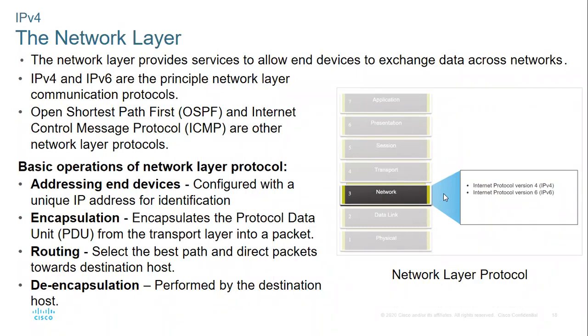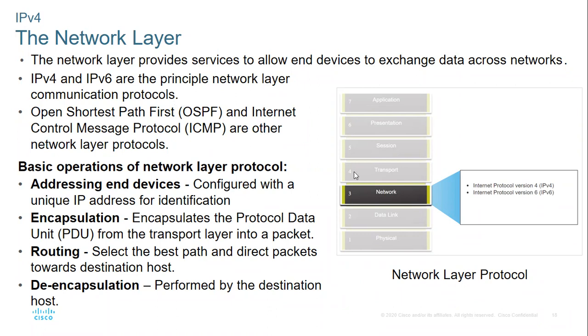Here, you can see we have IPv4 and IPv6. Mainly the function of the network layer is to allow devices to exchange information across the network or across the internet. That is the job of this network layer.